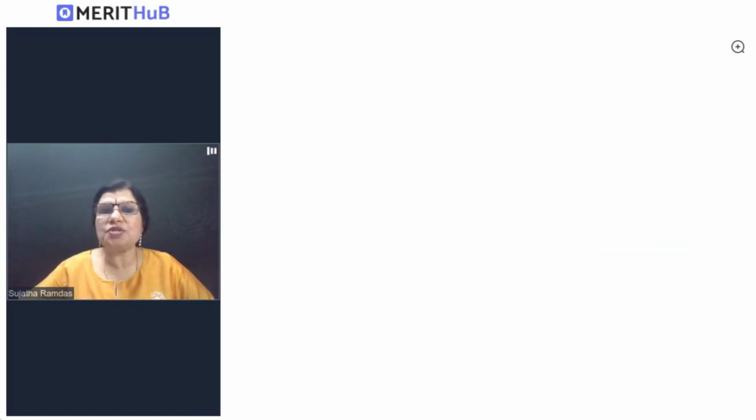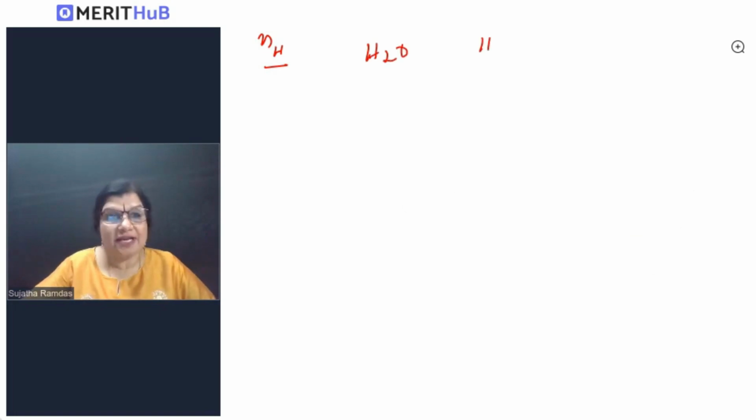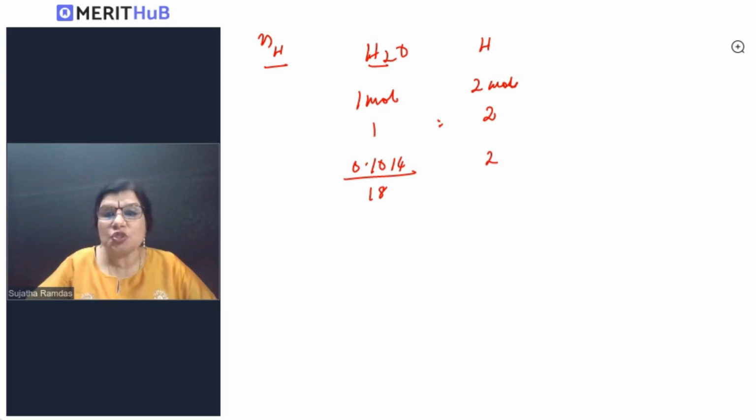Next, let's find out the number of moles of hydrogen atoms from water. So here again, water and hydrogen. 1 mole of water contains 2 moles of hydrogen, so here the ratio is 1 is to 2. Let's first find out the number of moles of water. Given mass by molar mass, given mass is 0.1014 divided by 18. So this would be 2 into 0.1014 divided by 18.